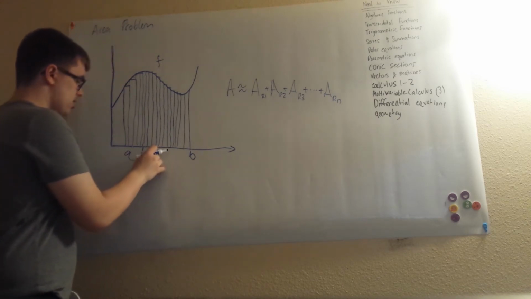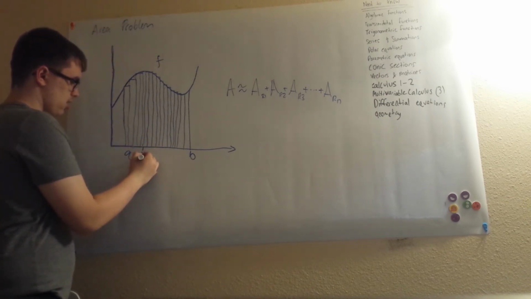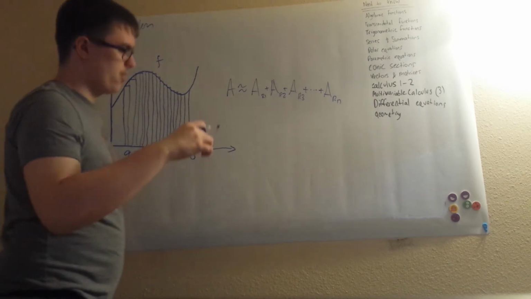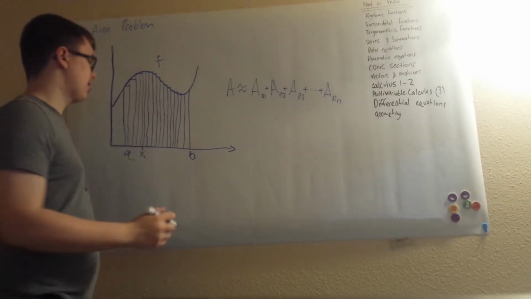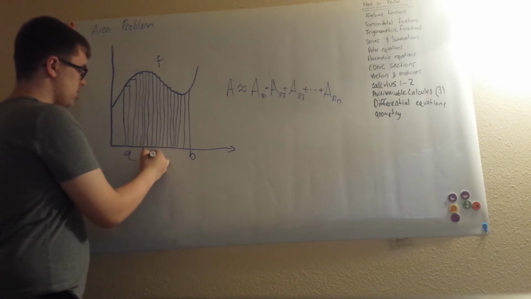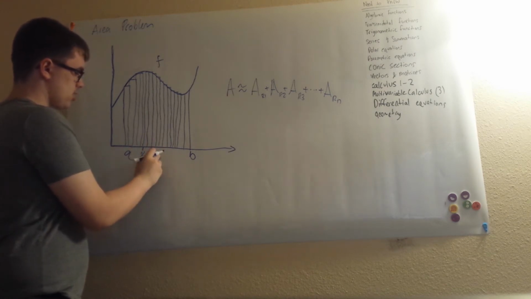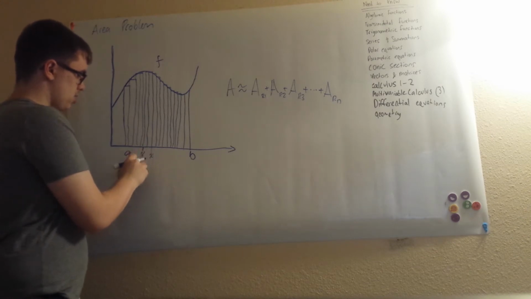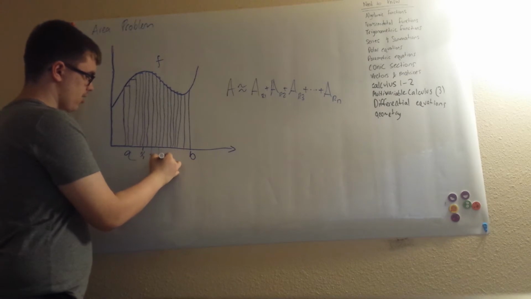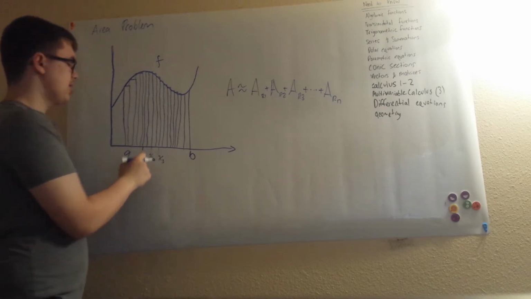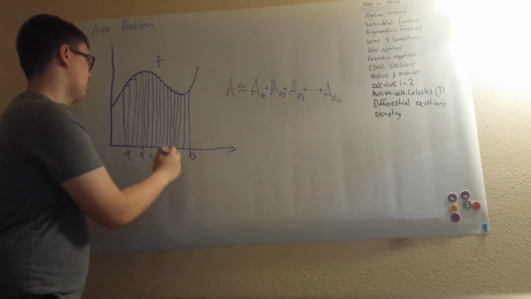I'm going to say x sub k, the kth rectangle. So I'm counting my rectangles, saying this is my x position of my second one, right? This is the first, this is the second.